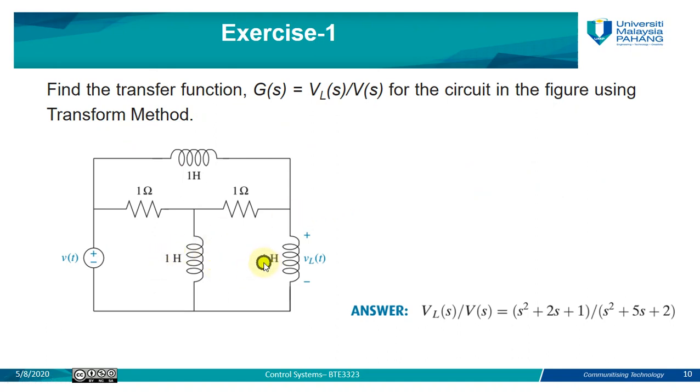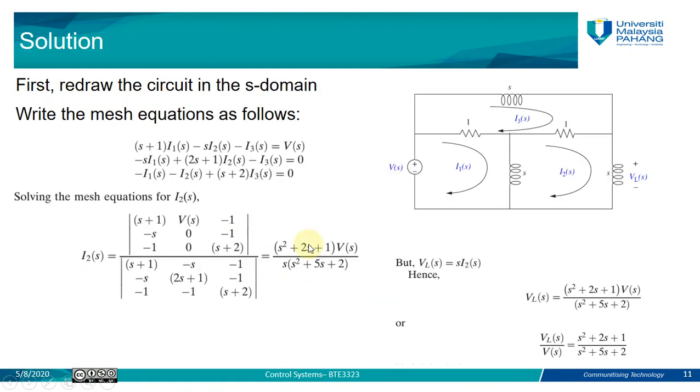Then the variable V(t) becomes V(s), VL(t) becomes VL(s), and we assume the currents with their directions, which are I1(s), I2(s), and I3(s).